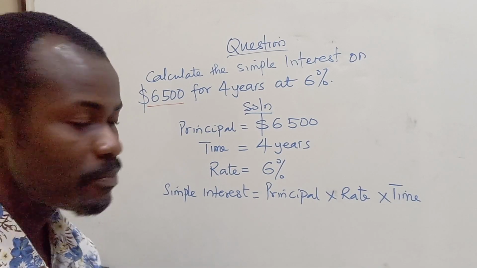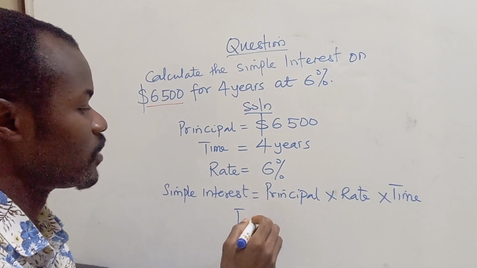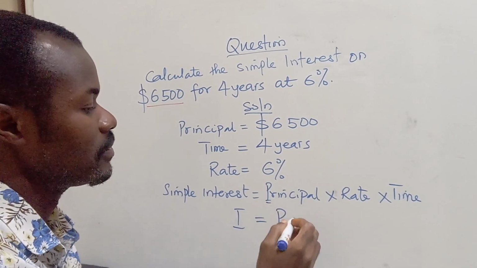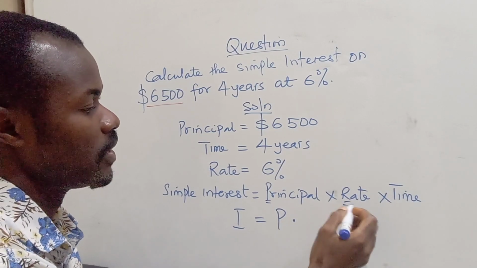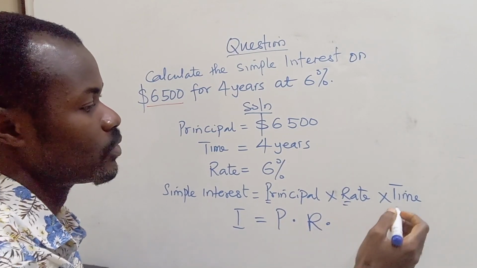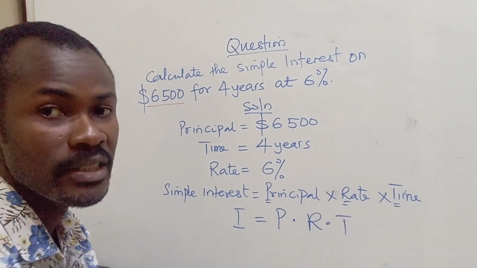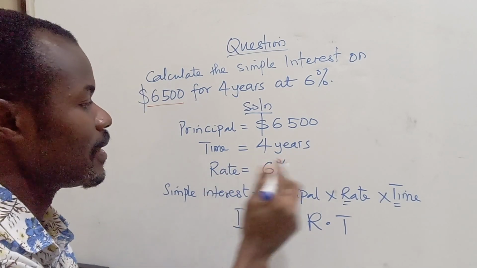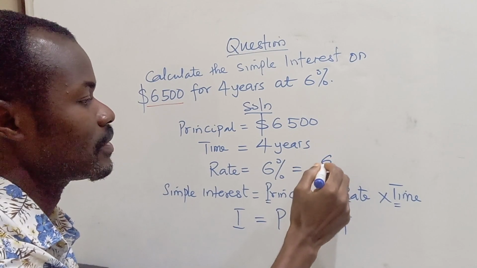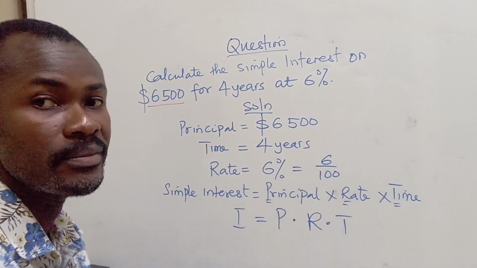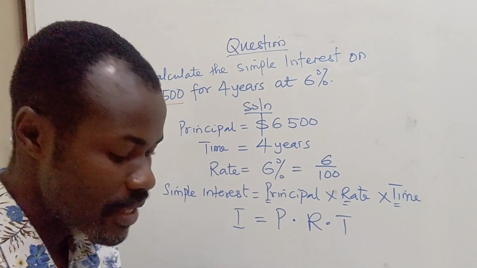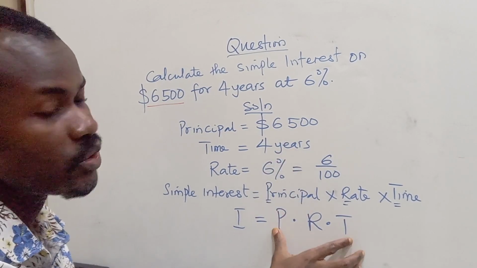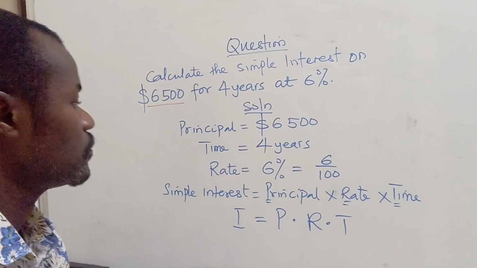To keep it simple, we can say I, for interest, is equal to P for principal, times R for rate, times T for time. Our rate here, 6%, means 6 over 100.